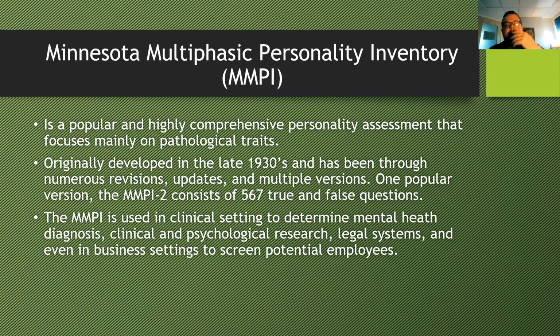There are scales that try to understand whether or not you are hypochondriac. We also have psychotic tendencies. There's a whole list of them, and it also shows how neurotic you are or your sense of reality.